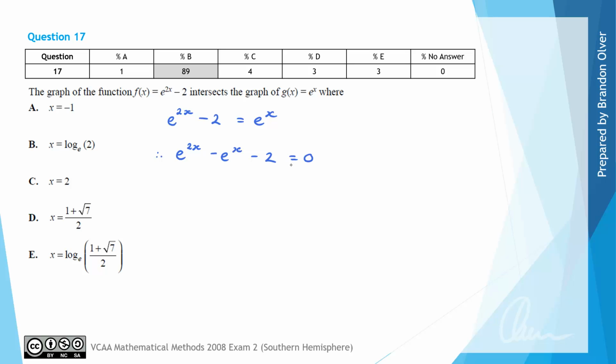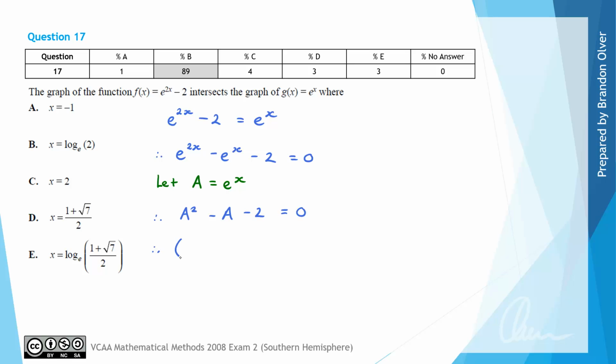We can look at this equation and see that it does have a quadratic structure because we've got an e to the power of 2x, an e to the power of just x, and a constant. So we can reveal that quadratic structure a little better by letting, say, capital A equal e to the power of x. Therefore, we get A squared minus A minus 2 equals 0.